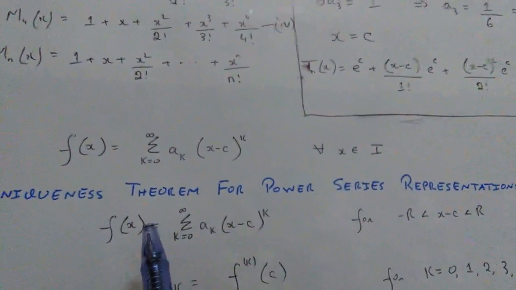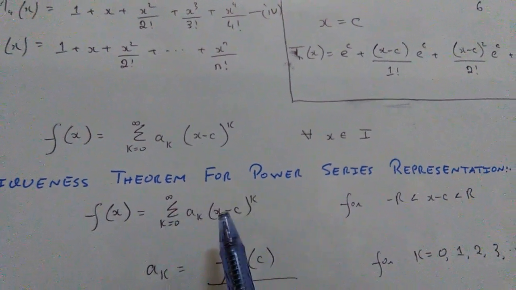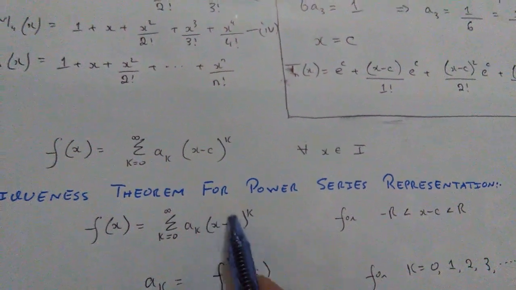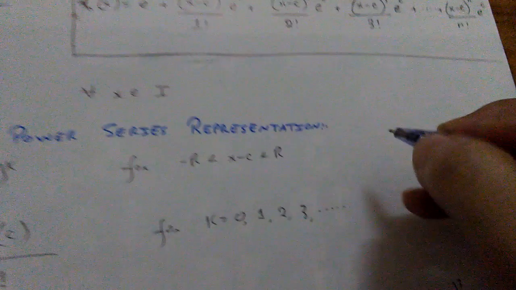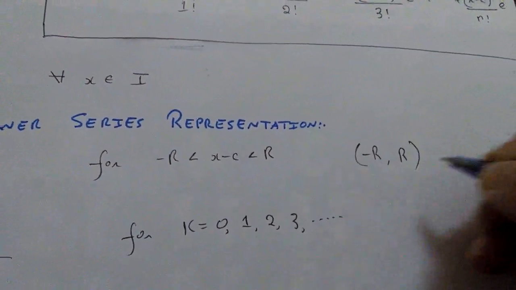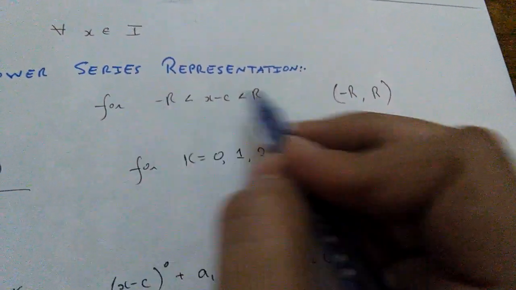If you have a certain function that can be represented by an infinite power series, this one, where x minus c belongs to an open interval, where r is the radius, and we are going to understand that later. Just understand these are two real numbers.